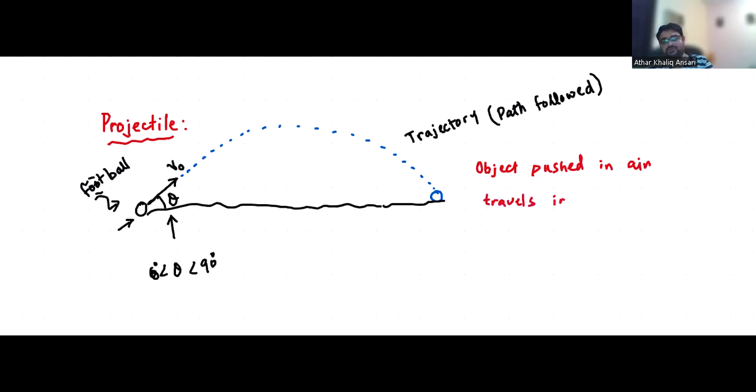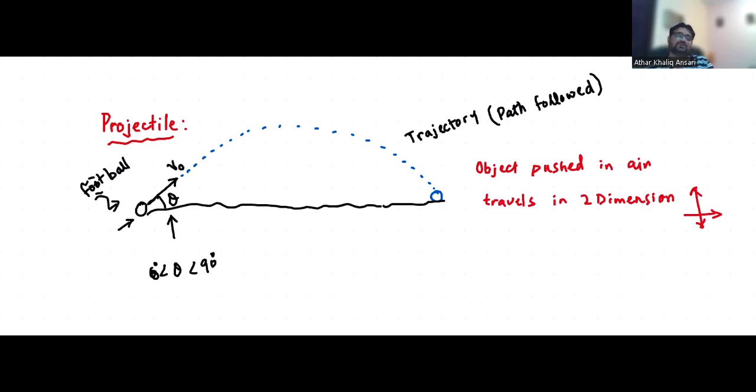When I use the word two dimensions, it means I am talking about horizontal and vertical, meaning forward as well as up and down. It's going forward and also it is going up and down. So two-dimensional motion under the action of gravity.